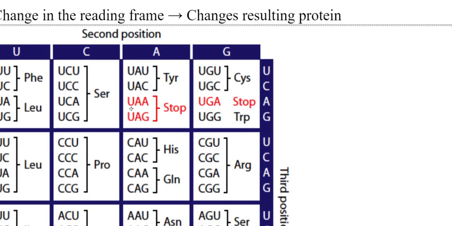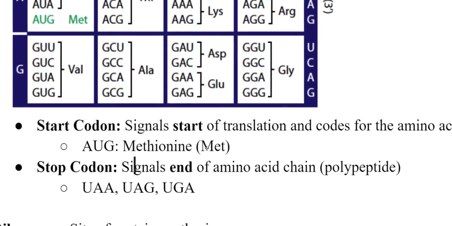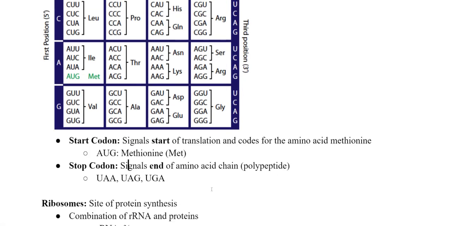So there are three types: UAA, UAG, and UGA. Not that hard to memorize. They all start with the letter U and have A. You just remember that these three are stop codons. Just memorize these three stop codons, and also memorize this start codon, and you'll be fine. If it comes on the test, you can just write it and get 100.